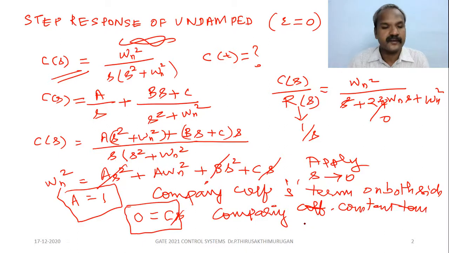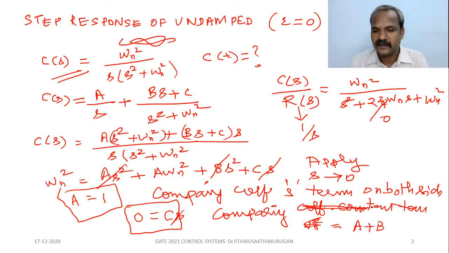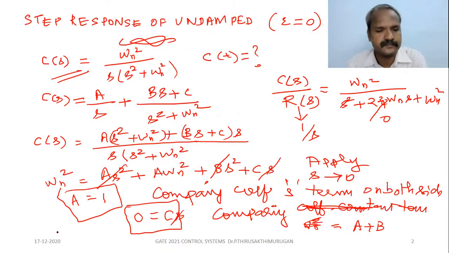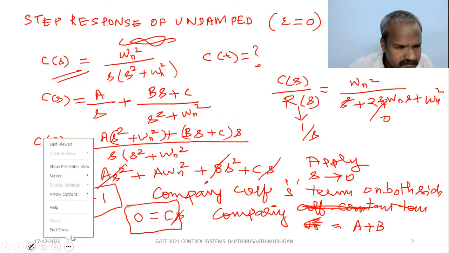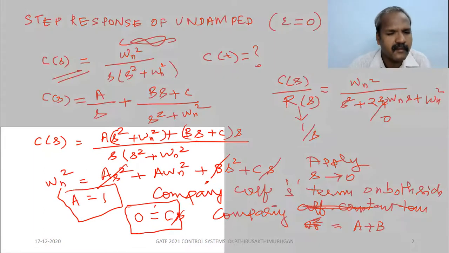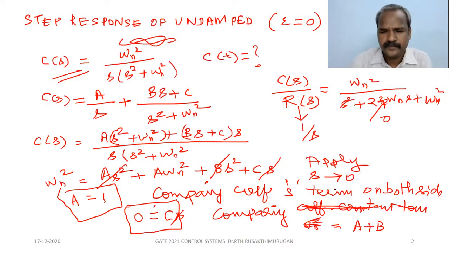Comparing S square term: A plus B equal to 0, right?